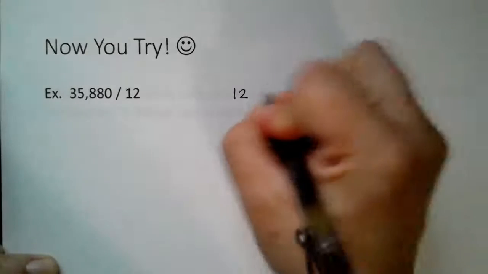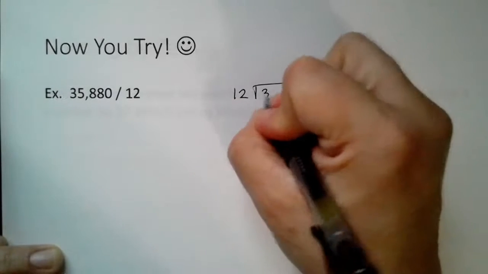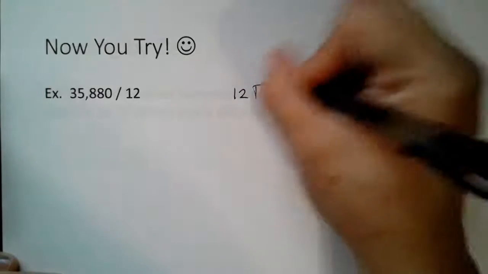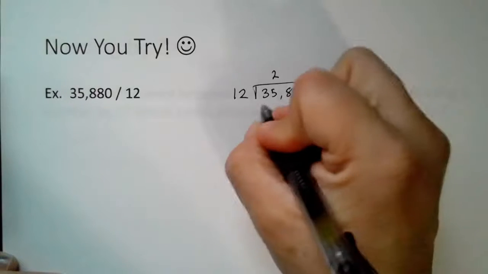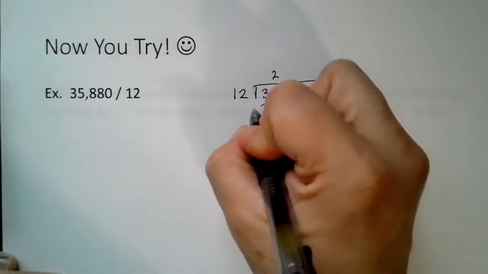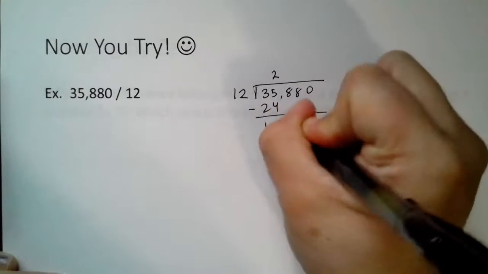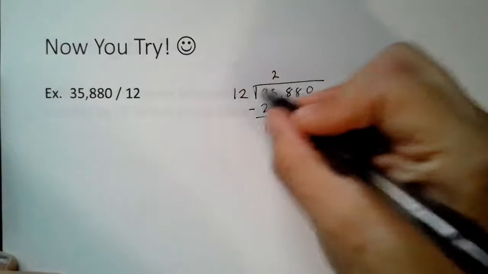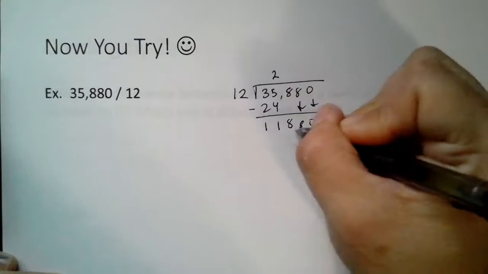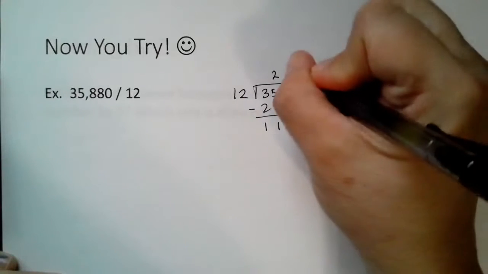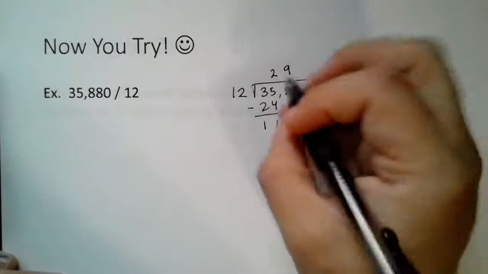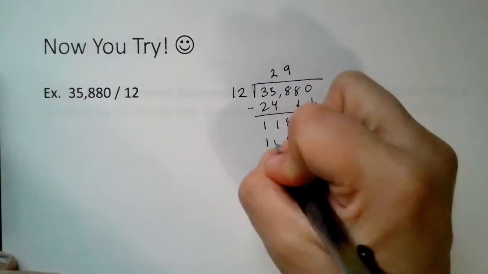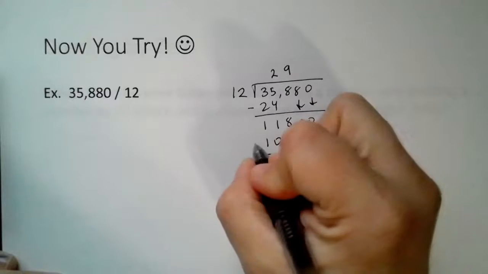Okay, cool. So we set that on the outside, 12, dividing into 35,880. 12 goes into 35 twice. That's 24. Bringing that down, that's 11, 8, the whole thing, 80. 12 does not go into 11, but 12 goes into 118. Let's try 9. So then that becomes 8. Carry the 1, and that's 108. Then we subtract that.